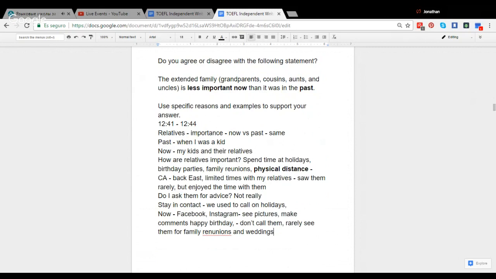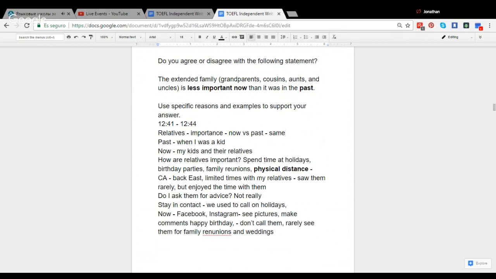So my conclusion would be to say my relatives, because of this physical distance, because the United States is just so big, and also I'm not living in the United States, have been a bit more on the peripheral. They haven't been so in my daily life.